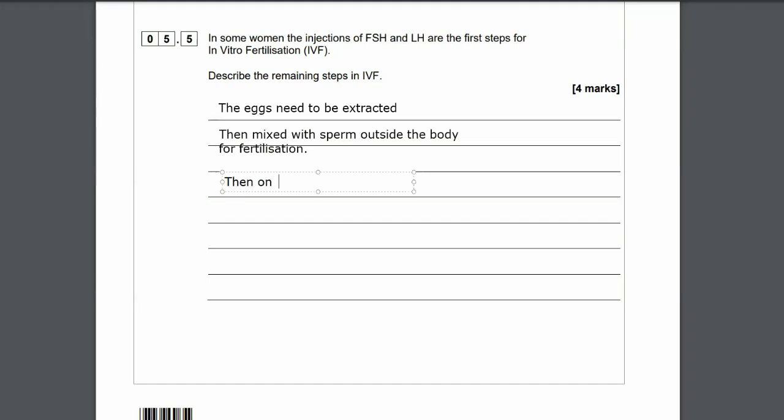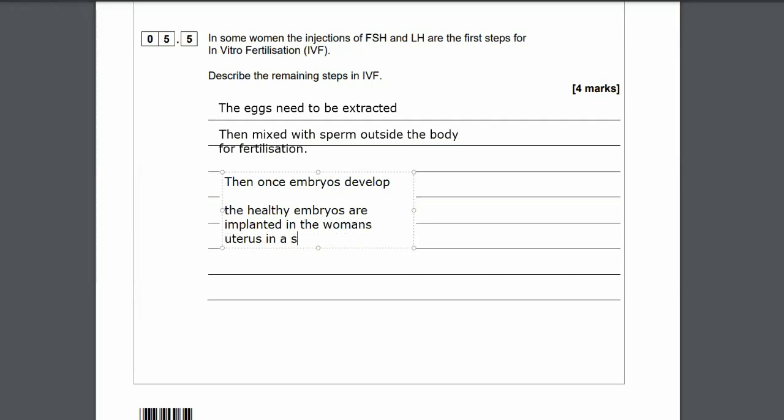Third step. Then we wait for embryos to develop. And any healthy embryos are chosen and implanted in the woman's uterus in a small medical procedure.